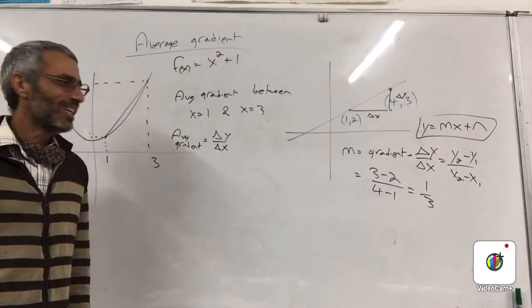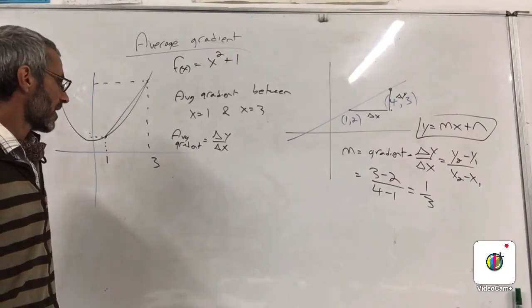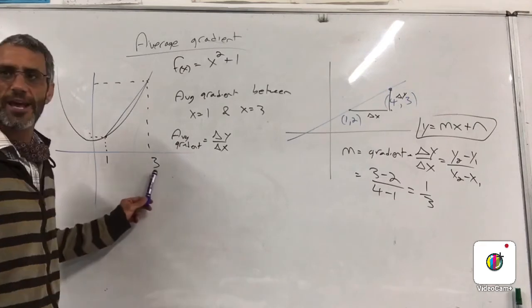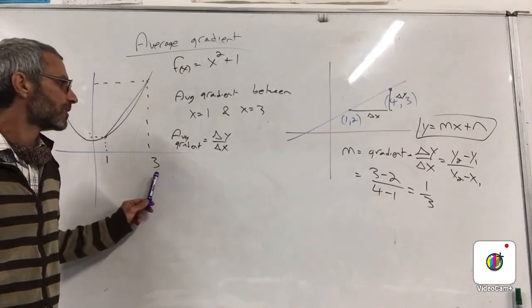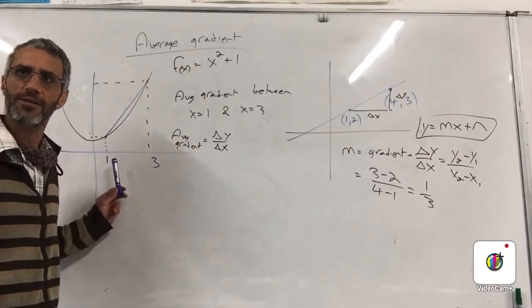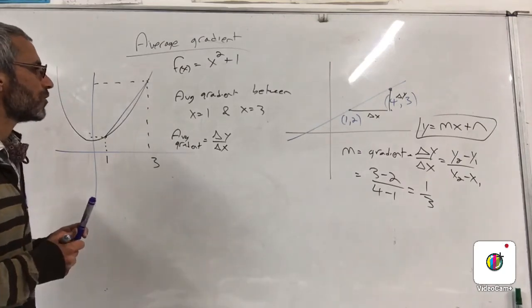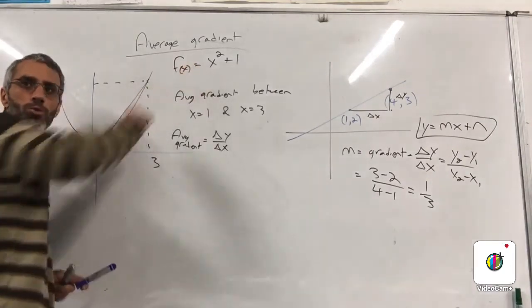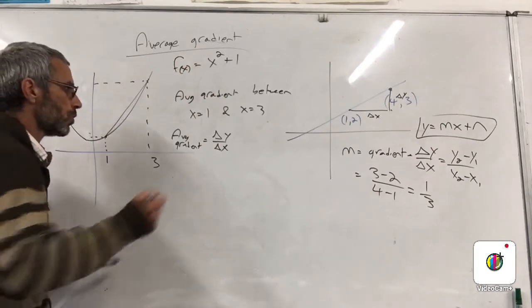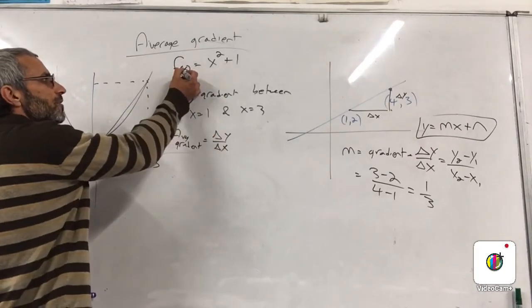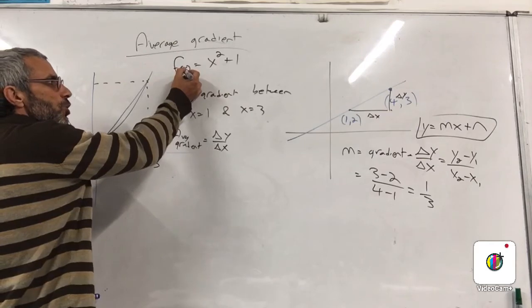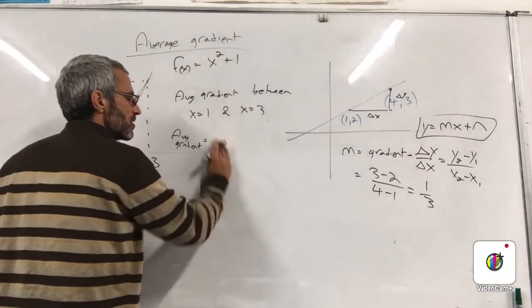I've got the two x's. What do I need to find out? The two y's. How do I know what the y is? I just use the rule. Here I use the notation f of x, so I'll use it here as well.